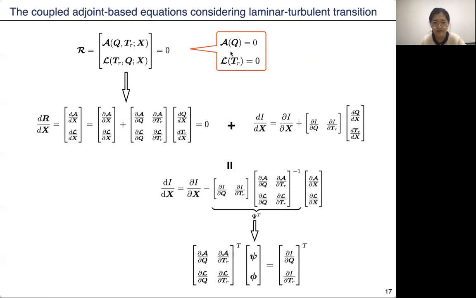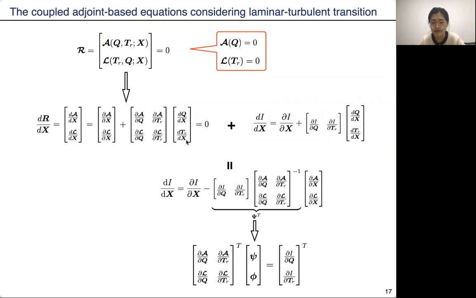With these 2 equations, we can rewrite the coupled residuals like this. Then we can derive the derivatives of the residual with respect to the design variables, and then we can get the derivatives of the state variable with respect to the design variable.